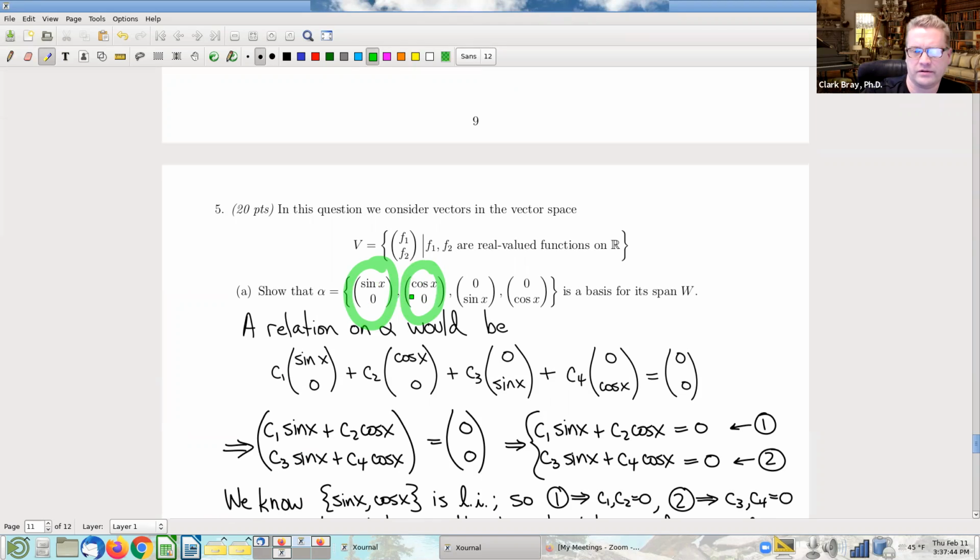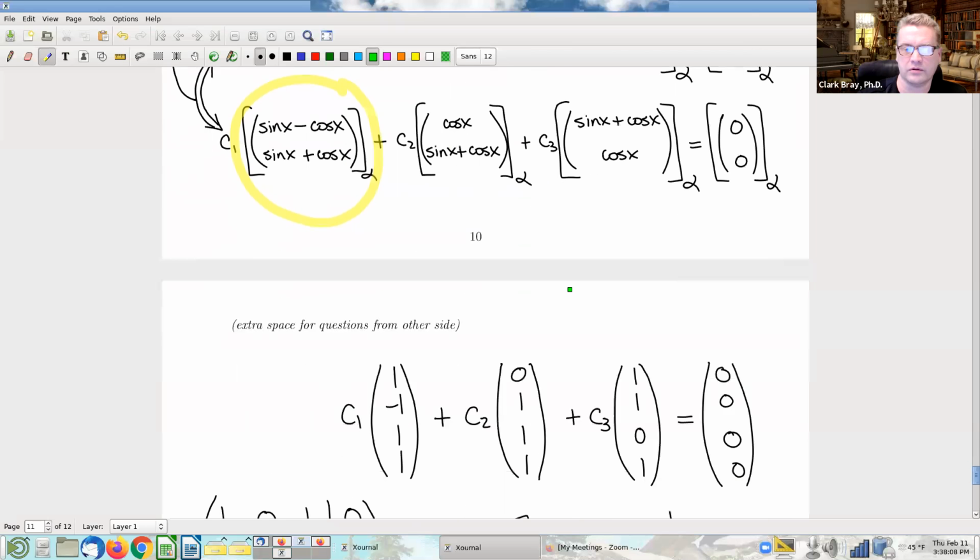The first 2 vectors in our basis are sine and cosine in the first entry. The second 2 elements in our basis are sine and cosine in the second entry. So we just need to count how many sines there are in the first entry, how many cosines in the first entry, how many sines in the second entry, and how many cosines in the second entry. Those will be our individual coordinates.